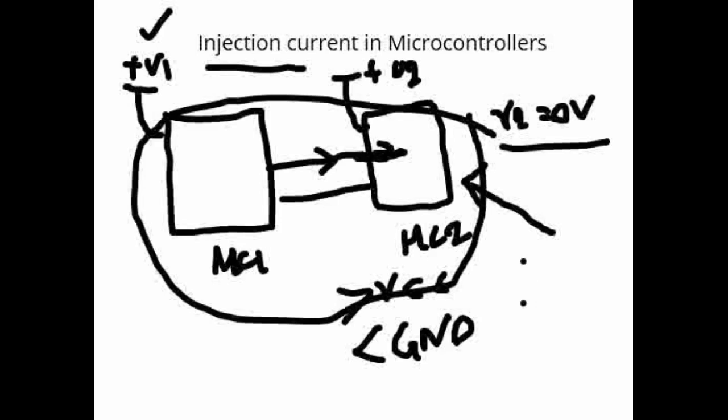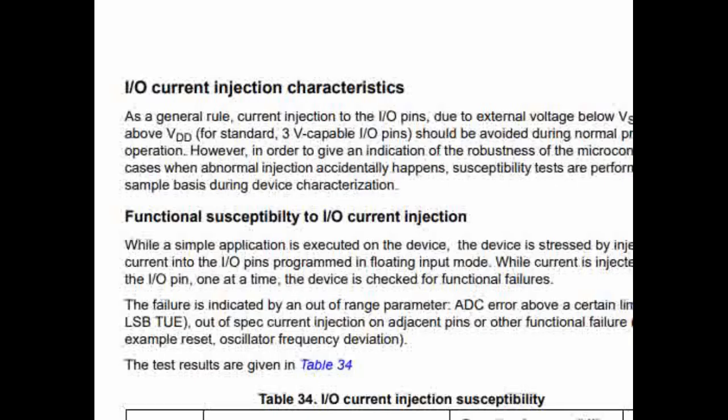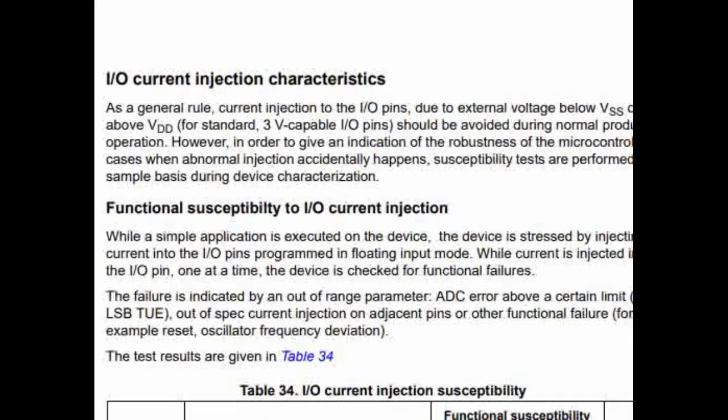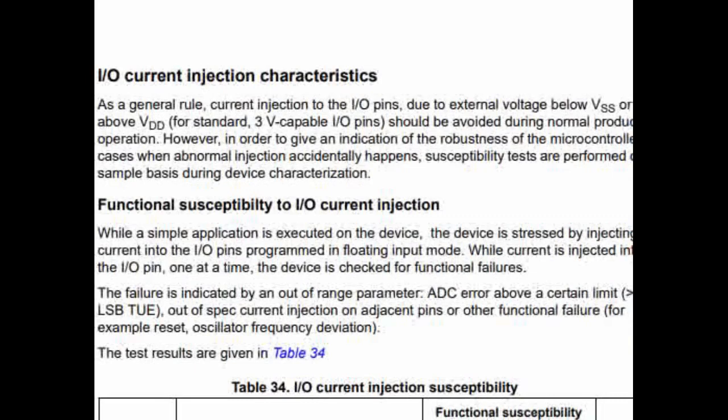Now if we look at the STM32 datasheet, we can see the IO injection current specifications. Sometimes this injection current might damage the IC. Sometimes it can also cause minor leakages where the product will not get affected.